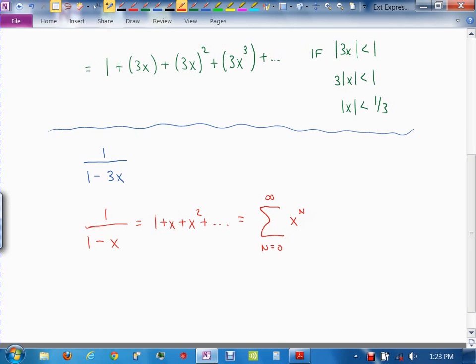Okay, this is the formula we know already walking into this. But instead of having x here, what do I have? 3x, right? So I could write this as 1 plus 3x plus 3x squared plus dot, dot, dot, which equals the sum n equals 0 to infinity of what? 3x to the n.